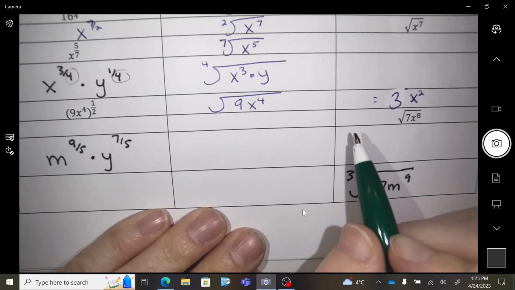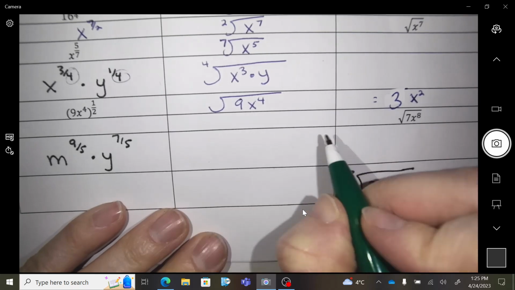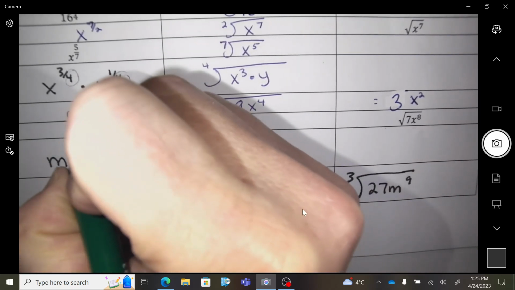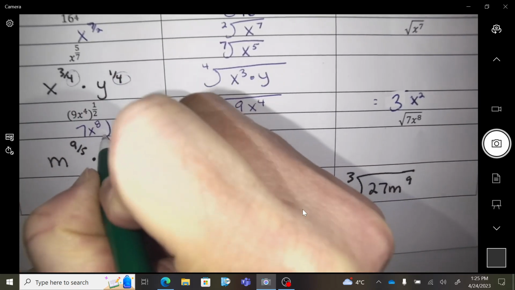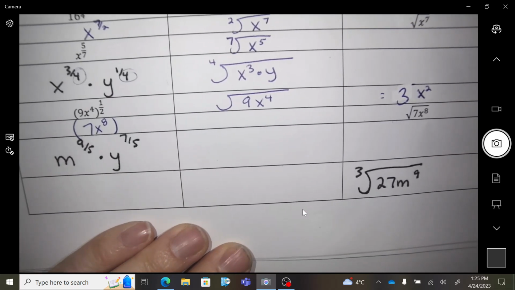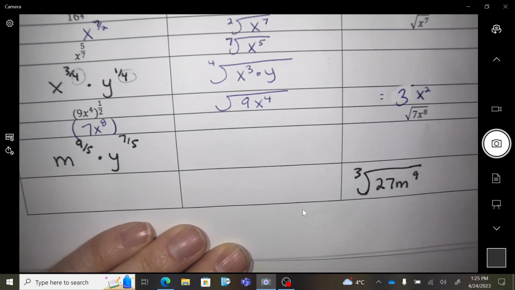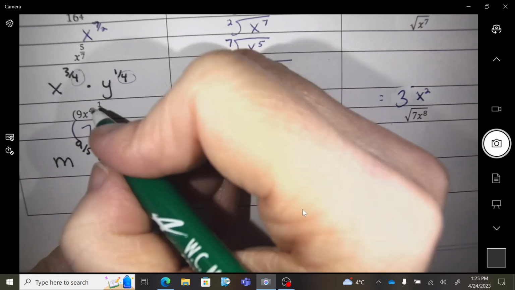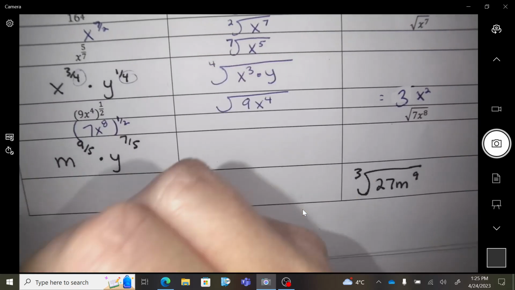This would have a what exponent? So I'm going to put it in brackets, and it's a square root, so just a 1/2.